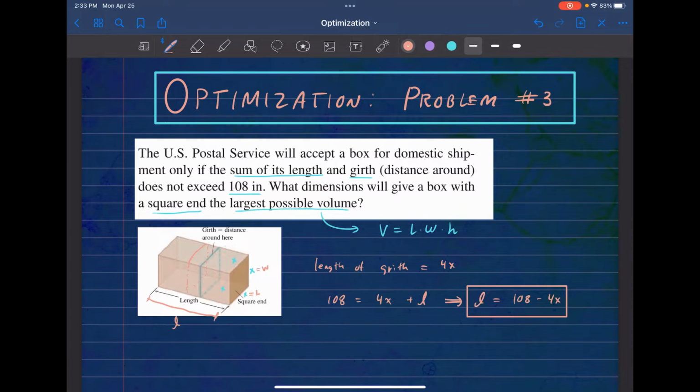So for the volume equation, this is equal to x times x, and the height, which is determined by, in this case, let's make it face this way, so that's going to be L. You can keep it as height, but then you would have to modify this as well. So I'm going to call it L.